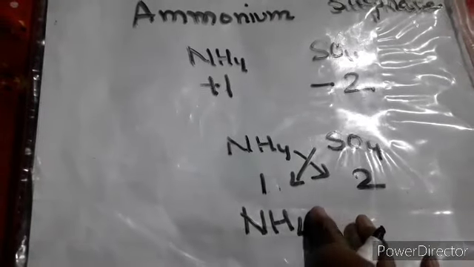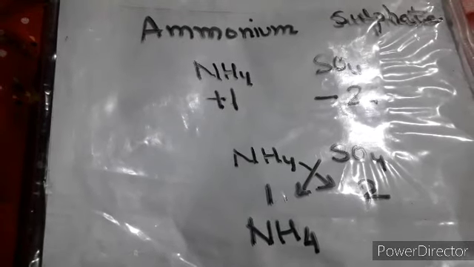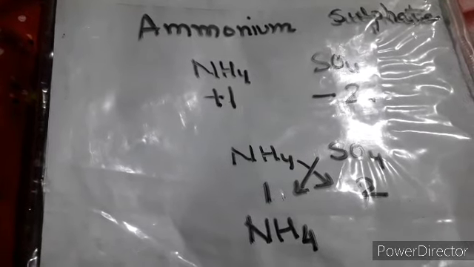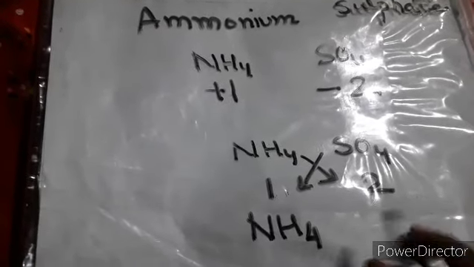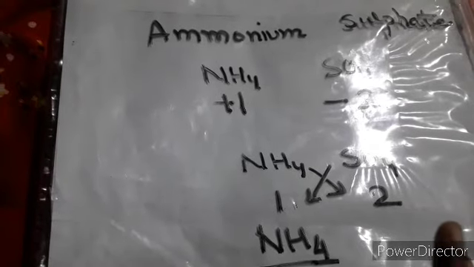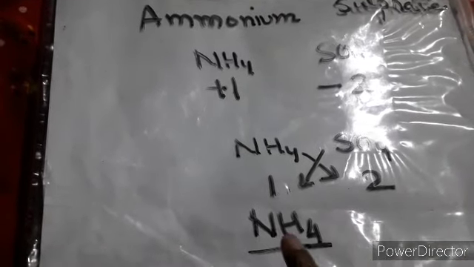Now please make sure, this is an important concept, and your teachers have already told you in class 8th also, but once again I'm telling you because it's 9th, and in 9th the papers are coming from boards, so you have to be very clear with the things. So what happened, you are multiplying with this 2. Now this is a full radical and it consists of two different elements. We have already discussed earlier about the radicals, that they are a group of atoms of elements.